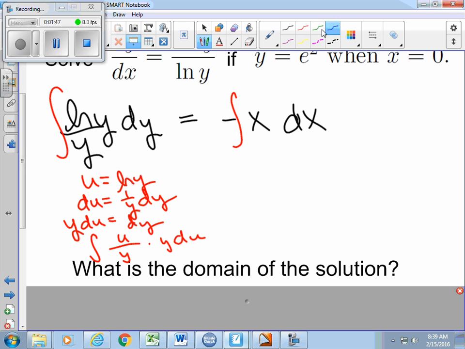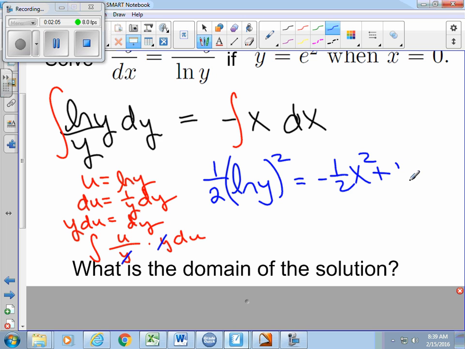Luckily, the y's cancel, and I get 1/2 u squared. U was natural log of y, so I get 1/2 natural log of y squared equals negative 1/2 x squared plus c. The right-hand side was much easier to anti-differentiate. The left-hand side I needed to side note and do a u substitution.